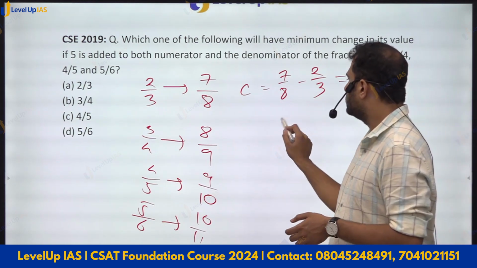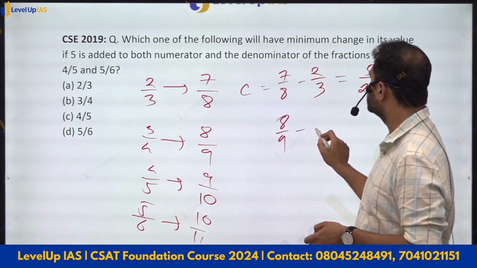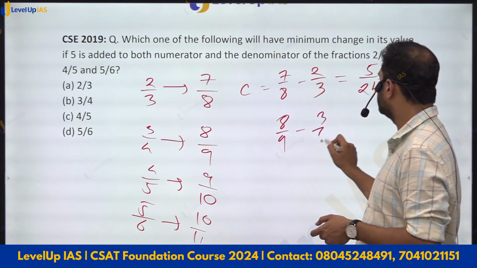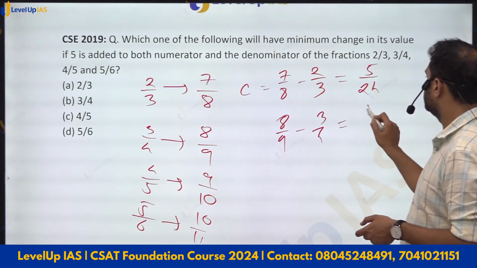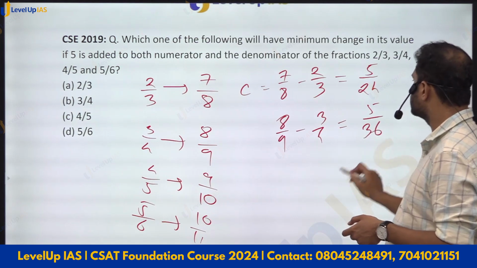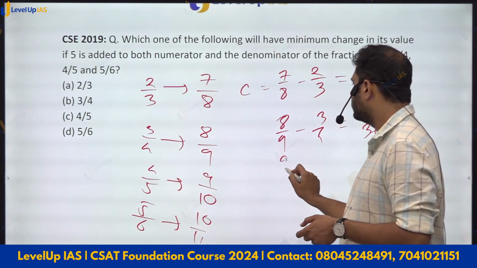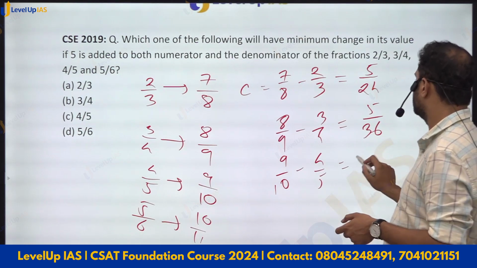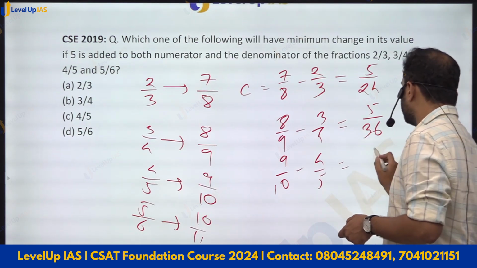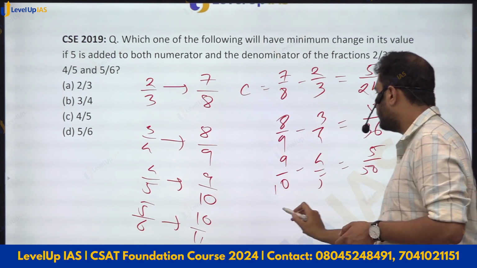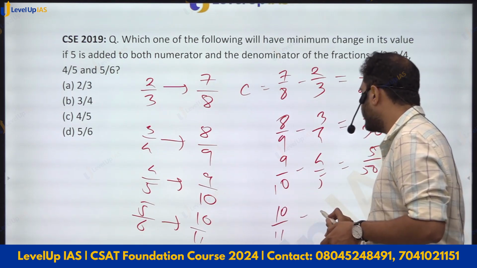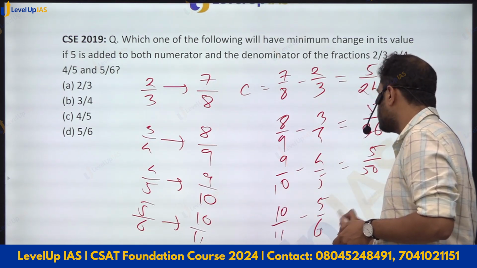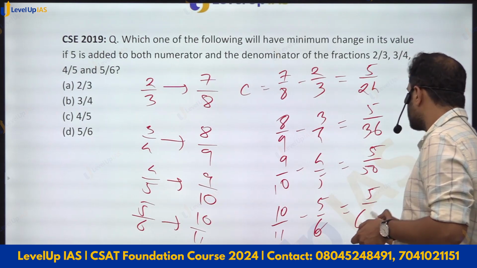This is 8 by 9 minus 3 by 4, which is equal to 5 by 36. Here we have 9 by 10 minus 4 by 5, which is 5 by 50. And here we have 10 by 11 minus 5 by 6, which is 5 by 66.